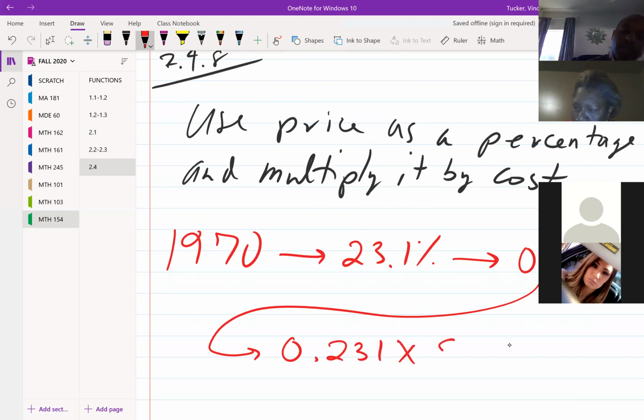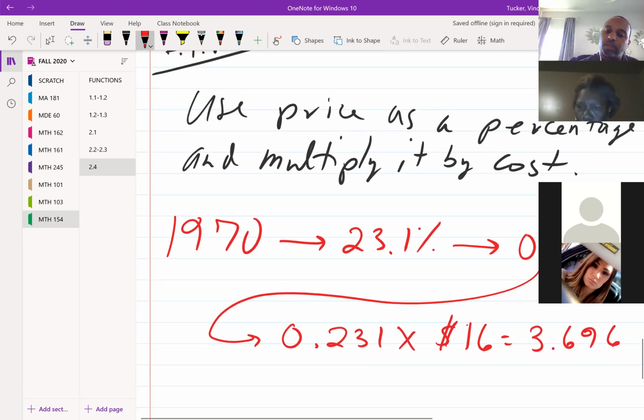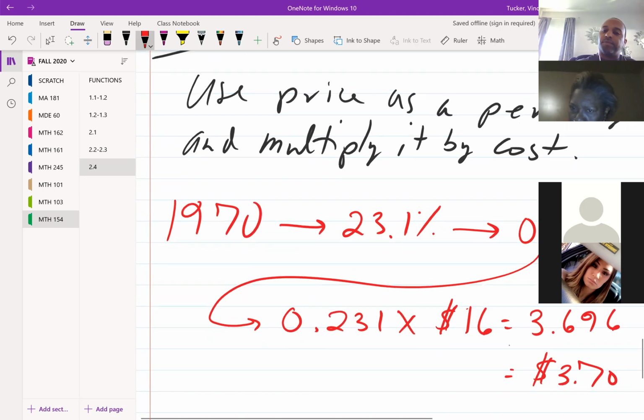We'll multiply that times 16. So it costs $3.70.